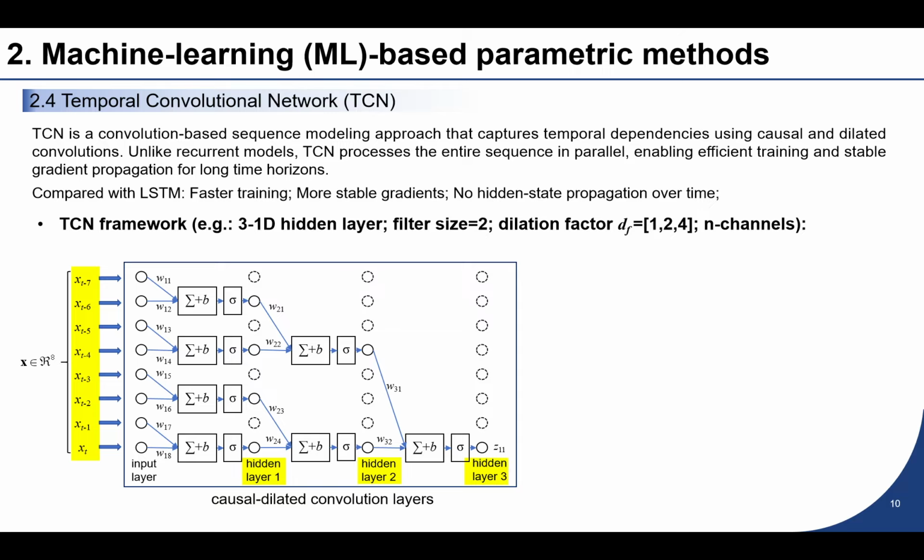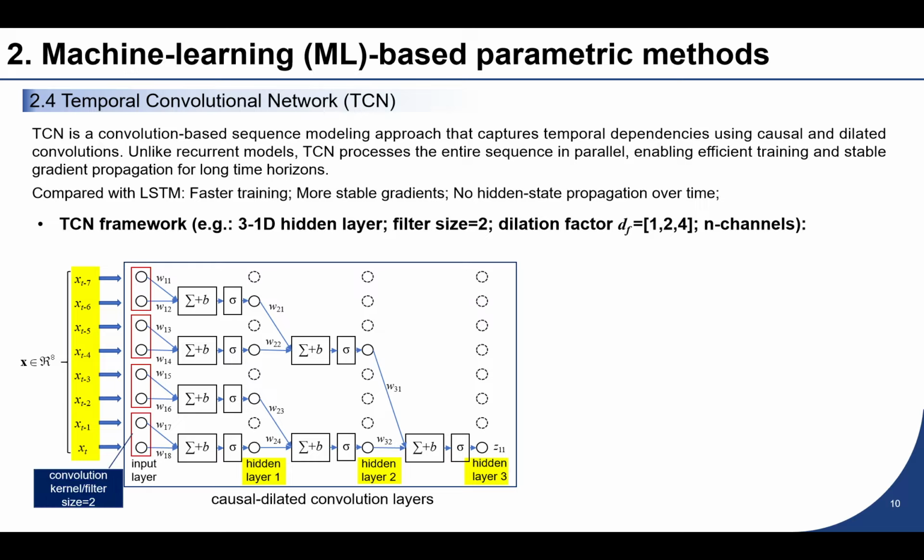For example, when computing the output corresponding to t-2, the convolution kernel only accepts inputs from t-2, t-3, or earlier time steps, but never t-1 or t. This strict temporal ordering ensures that the model respects physical causality, which is essential for time series forecasting tasks.